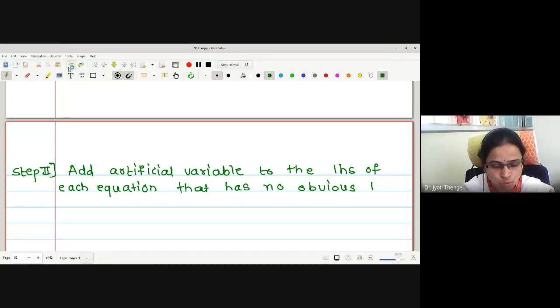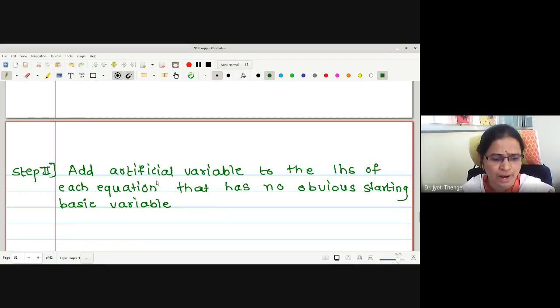If there are no obvious starting basic variables, if we are unable to find the basic variable, to those equations we have to add the artificial variable.